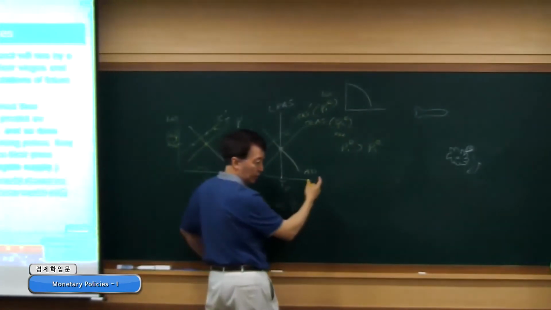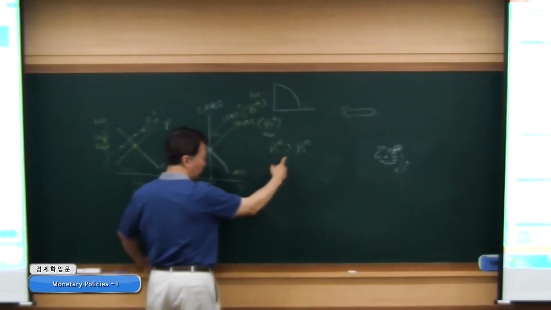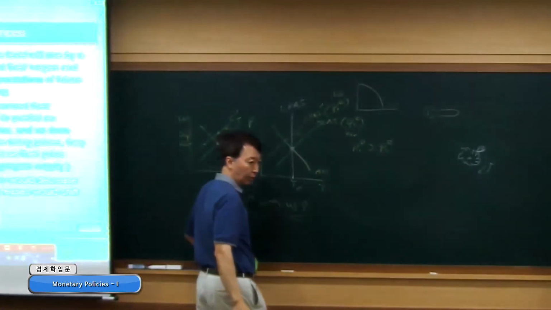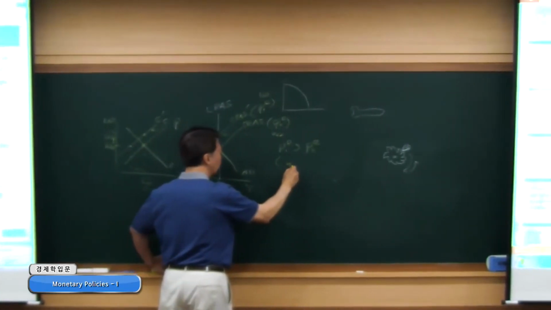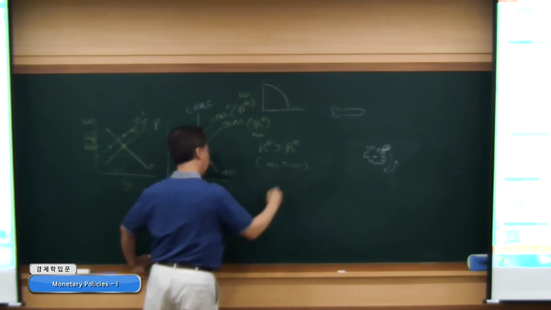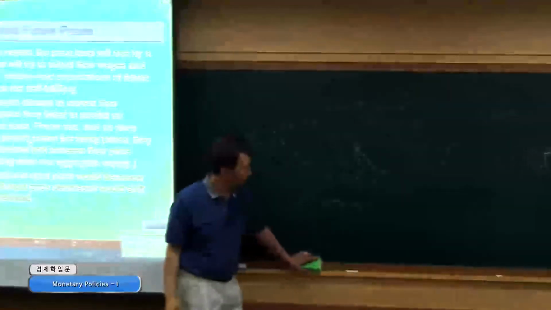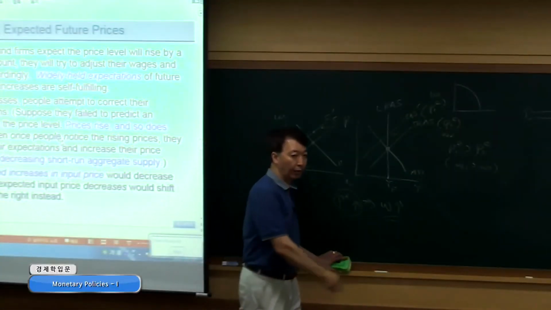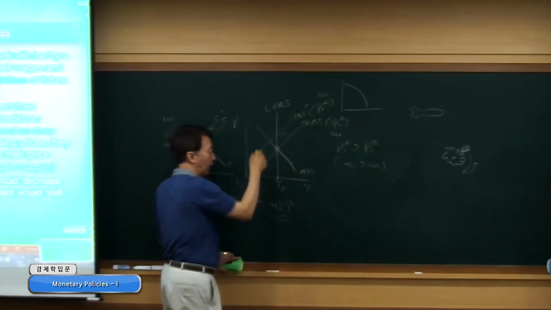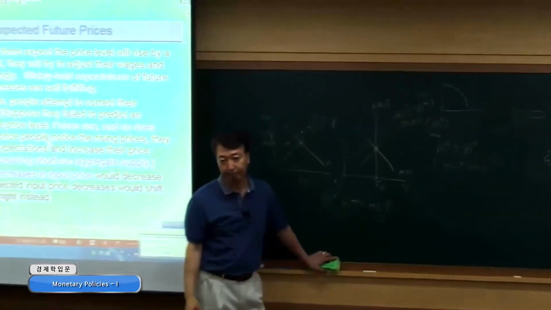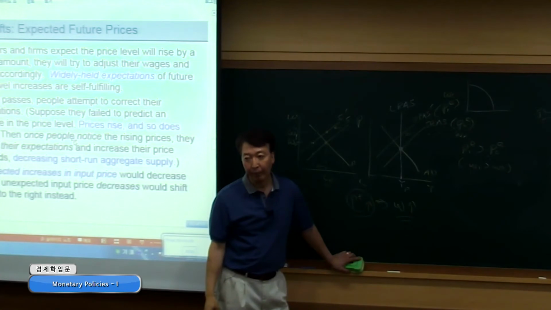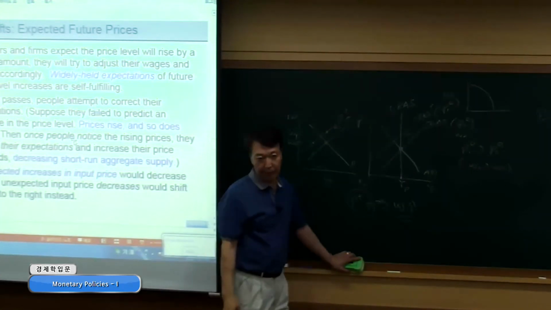New price expectation is higher than the original price expectation, or you can say W1 is higher than W0. Then we're going to have a new short-run aggregate supply curve. So what's going to happen in the economy?